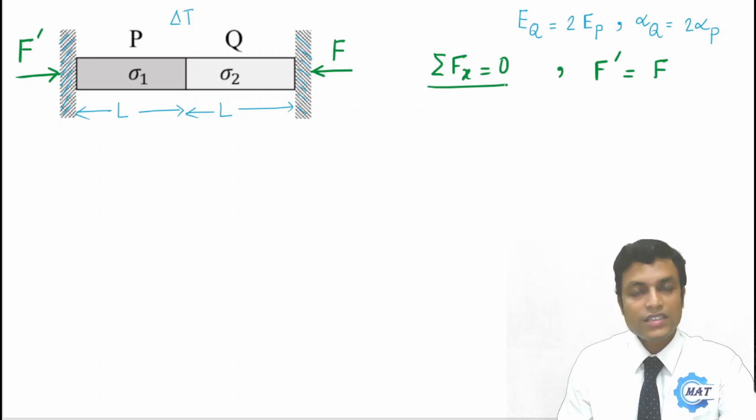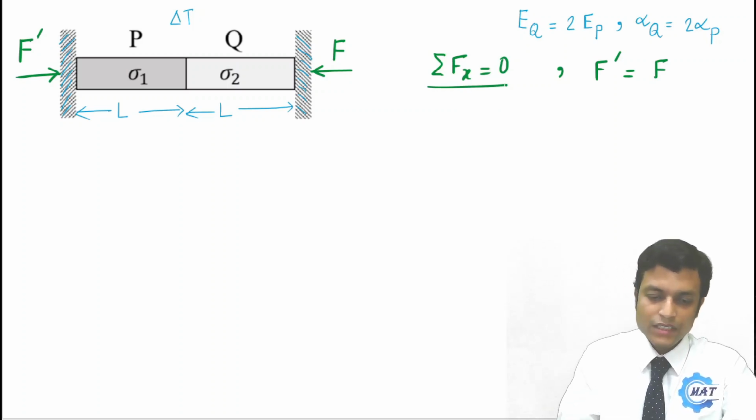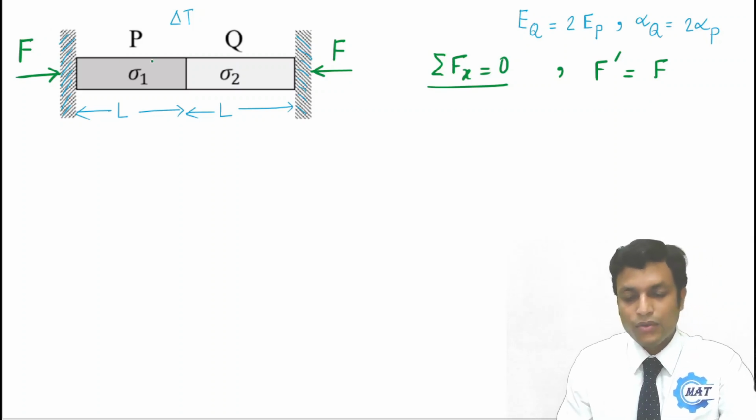So this is a statically indeterminate problem again. F prime is nothing but F. So from this we can only say that the force at both ends is F.